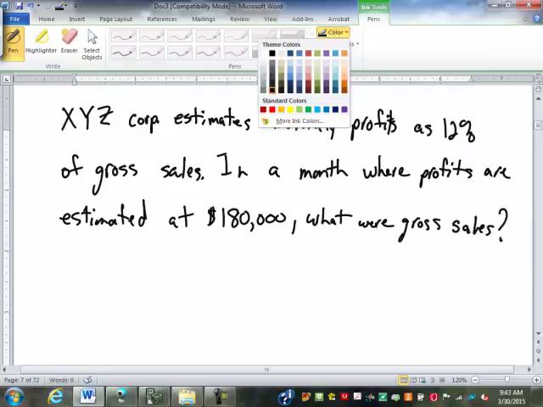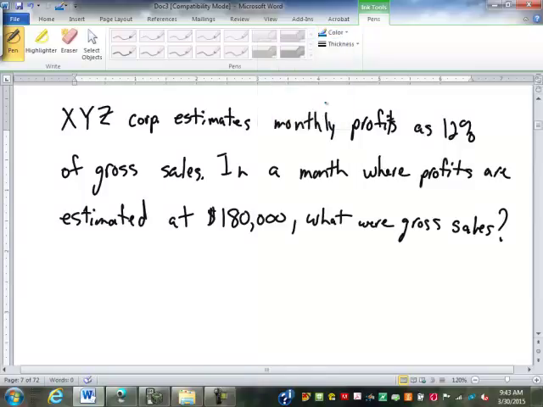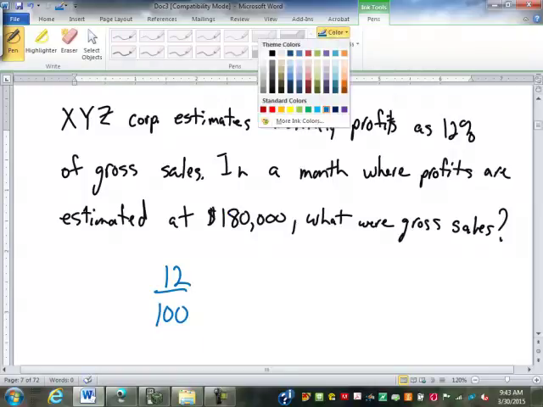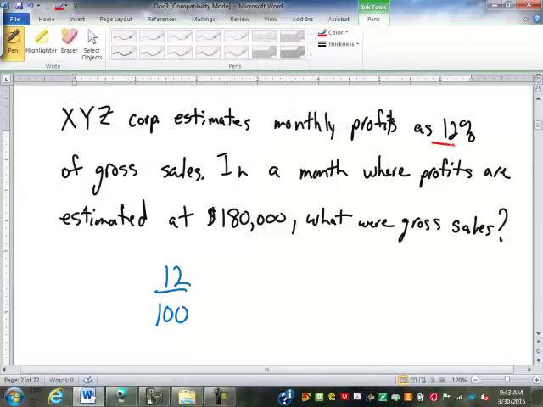Now, as I said before with the other simple percent problems, you always start out with the percent, even if we don't have a percent. So in this problem, where would we start? 12%, which would be written as 12 over 100. Now let's identify what each of those things stand for. What does the 12 stand for?